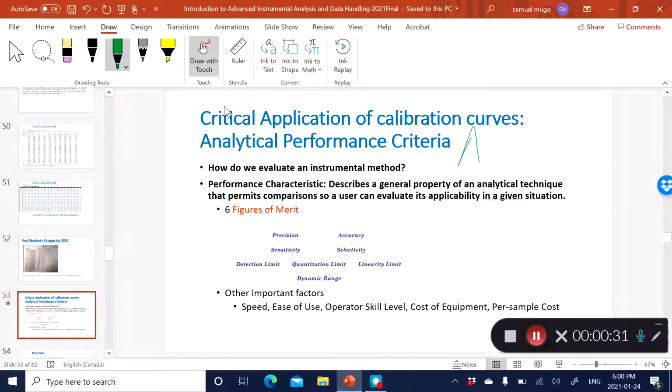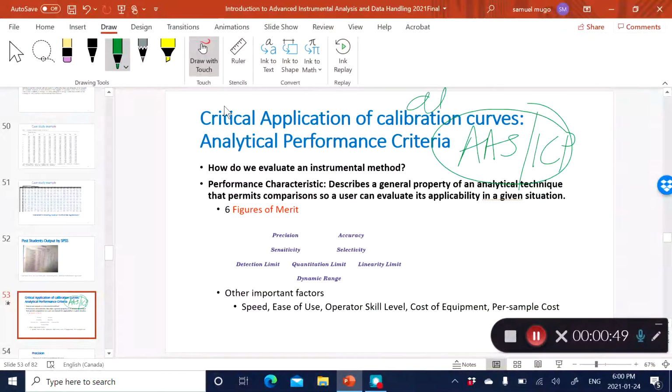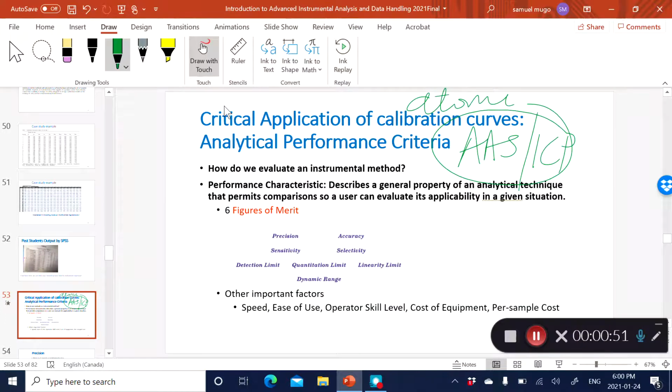If you take AAS, atomic absorption spectrometer, most of which you guys have done in the class, and you compare it with the ICP, inductively coupled plasma, which you're going to do this week. Both of them are atomic spectrometric types of techniques, and essentially they analyze different types of elements.